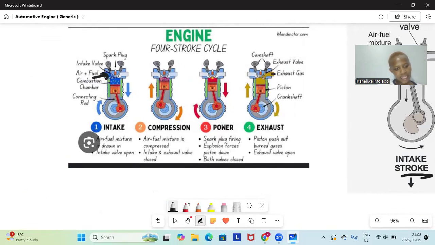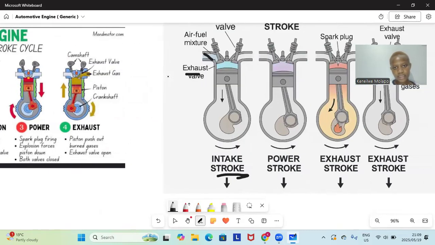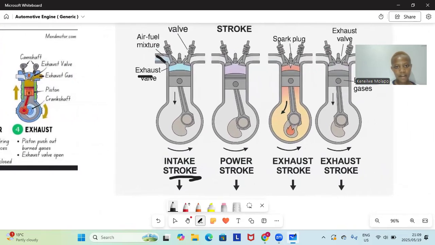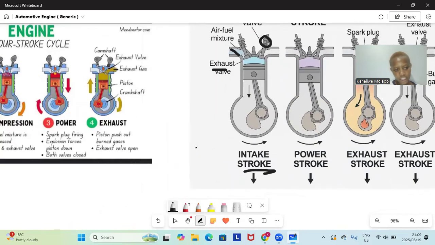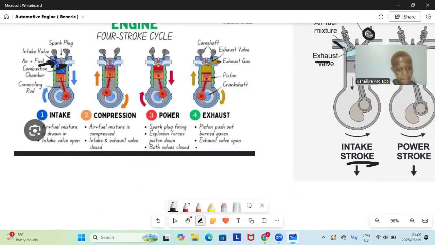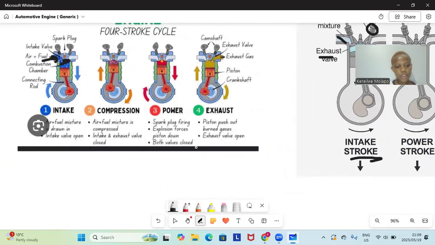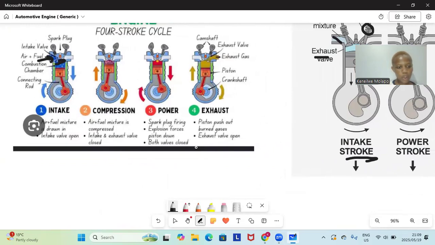When it goes in like this, the intake valve opens. So the valve here opens. You have to know that these are valves. So for the intake stroke, the air plus fuel mixture is drawn in.